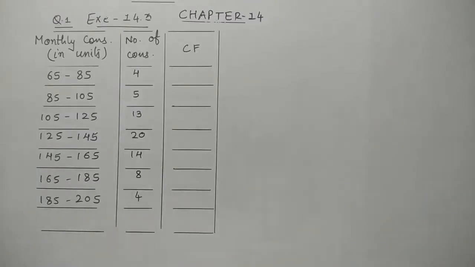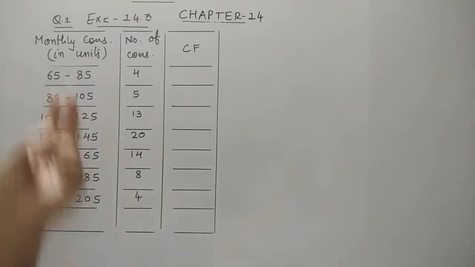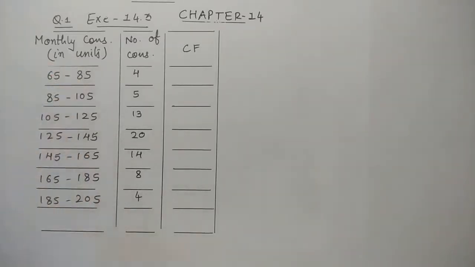Let us start with the first question of this new exercise 14.3. The question says that the following frequency distribution gives the monthly consumption of electricity, in units, of 68 consumers of a locality. Find the median, mean and mode and compare them.